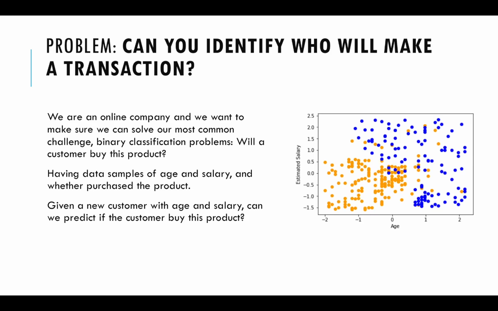For the data and the distribution, we can see the graph in this slide. We can see that the two groups have some overlap, and there is no linear boundary between them.